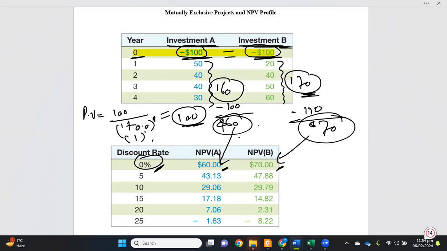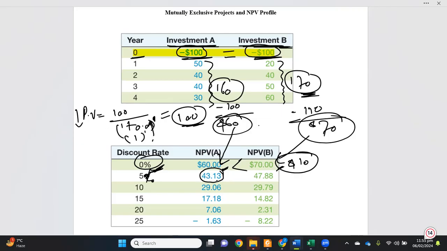Then, when we increase the discount rate, before that, at a discount rate of 0%, NPV of A is less than NPV of B by a difference of $10. So if we increase the discount rate to 5%, NPV of A has reached 43, because when the discount rate increases, the present value decreases.